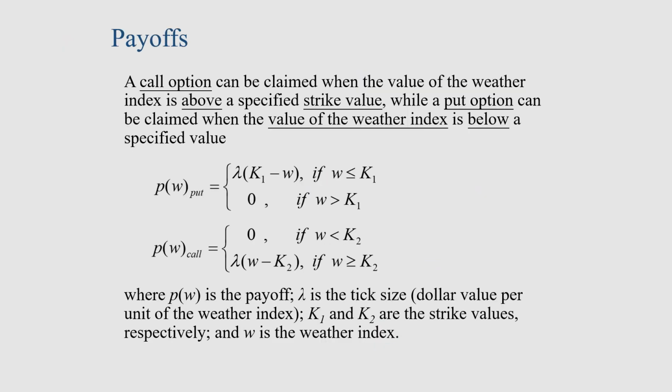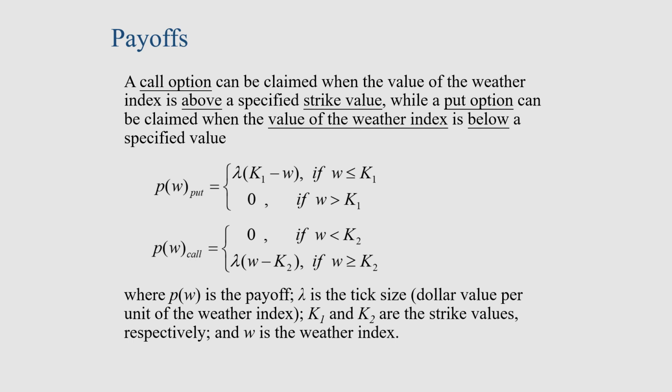Now, the payoffs are also an important aspect of this. A call option can be claimed when the value of the weather index is above a specified strike value, while a put option can be claimed when the value of the weather index is below a specified value. So you can see here is a put option, and the payout dependent on the weather variable is equal to lambda times K1 minus W, where K1 is the strike value and W is the weather index or outcome.